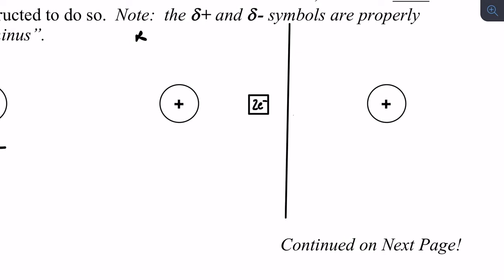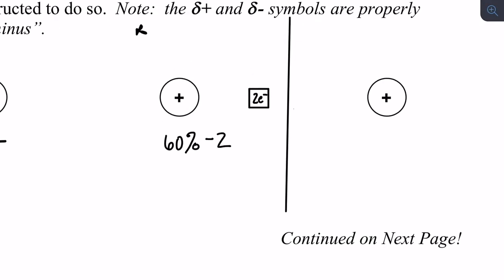So before it was 50-50. Now let's say it has 60% of this electron density towards it. So we do what we did before, except now we're using different percentages. So 60% of minus 2 is equal to negative 1.2 charge.